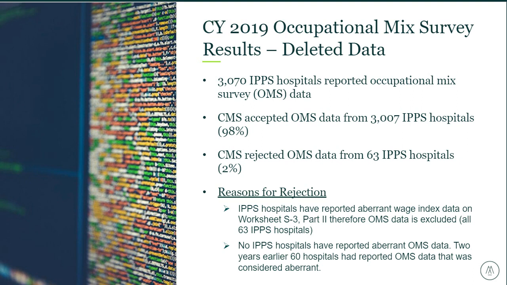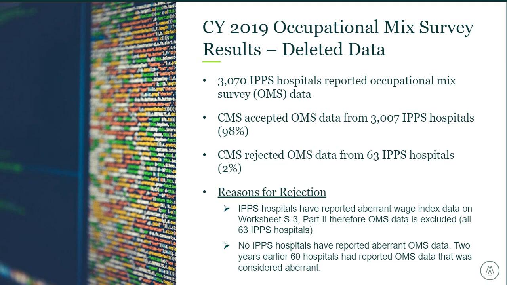In the most recent public use file released by CMS on or about January 27th of this year, there were the following hospital statistics. There were 3,070 IPPS hospitals eligible to be reported in the OMS data. And of this amount, CMS accepted approximately 98% of this data, or 3,007 hospitals.